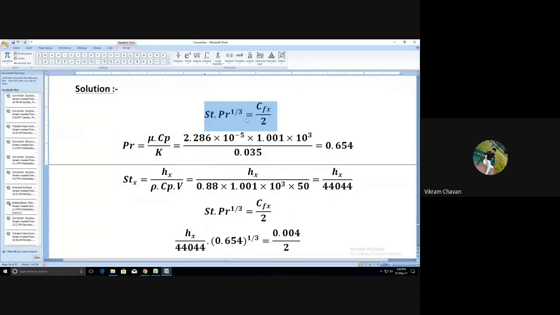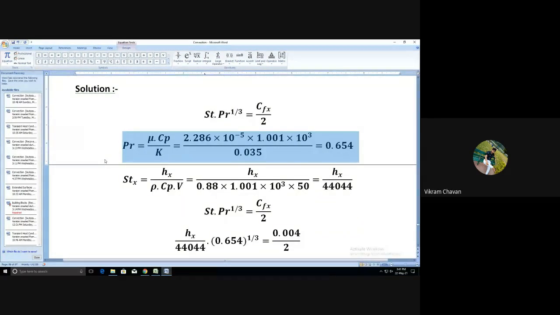So first of all, we calculate the Prandtl number. The Prandtl number formula is mu Cp divided by K. The mu value is provided in the properties of air, Cp is also provided, and thermal conductivity is provided, so you can determine the Prandtl number.